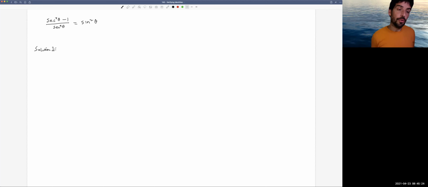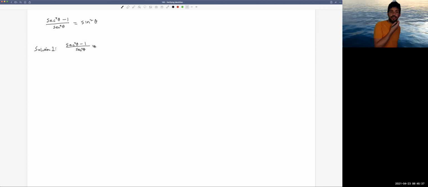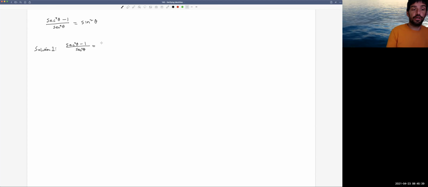Okay. So one thing I might try first, I'm going to start with the left-hand side. That's our more complicated side in this case. And maybe I'll just use how fractions work. I can rewrite this as 2 different fractions.